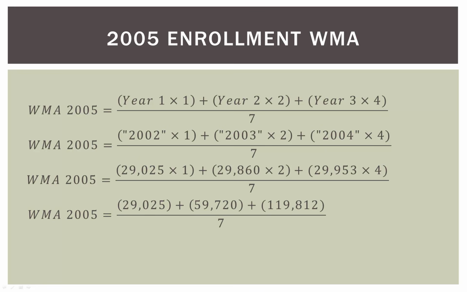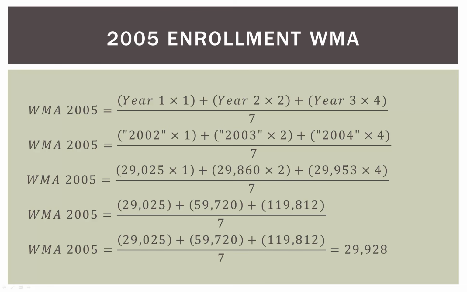So when we do out that multiplication, you can see that we have 29,025 plus 59,720 plus 119,812. At this point, you've got to stop thinking about them really as enrollments, because the multiplication is just a weighting factor. Of course, the sum of our weights was 7, 1 plus 2 plus 4, so we'll divide by 7.